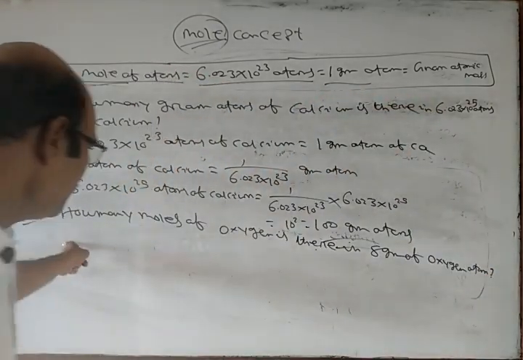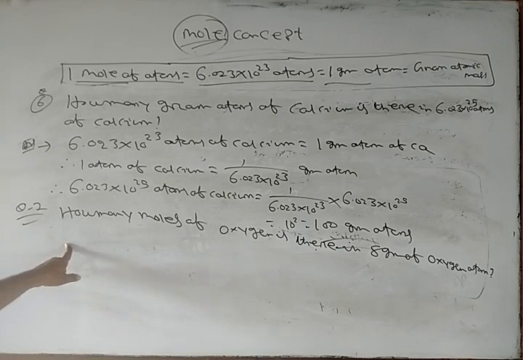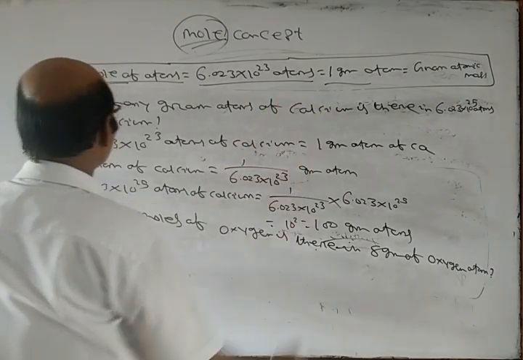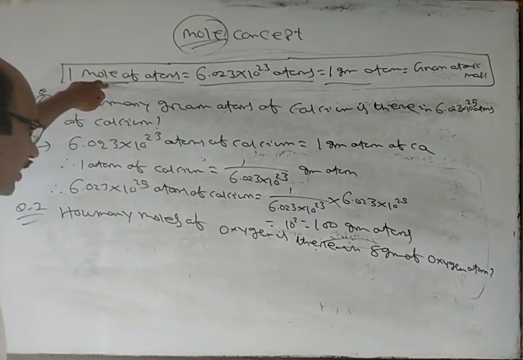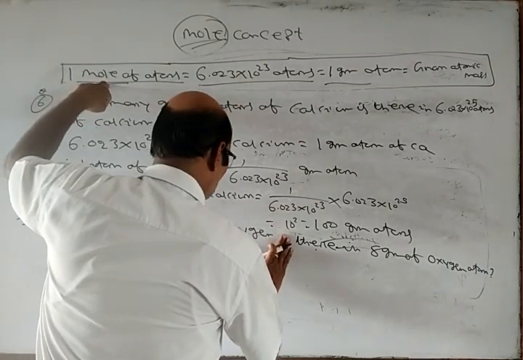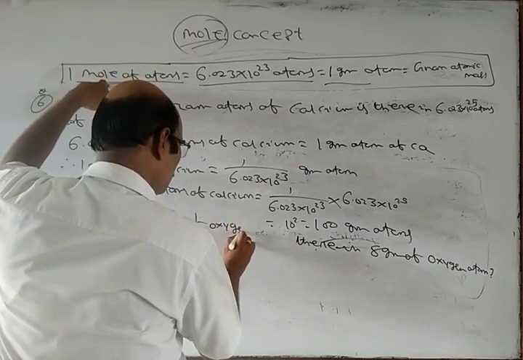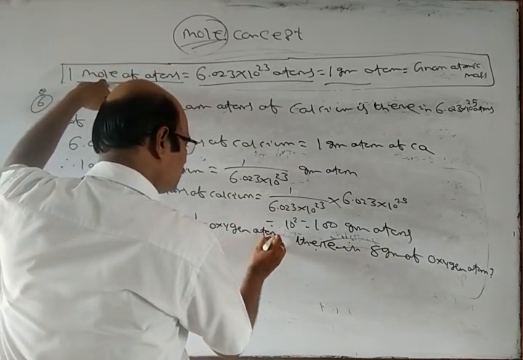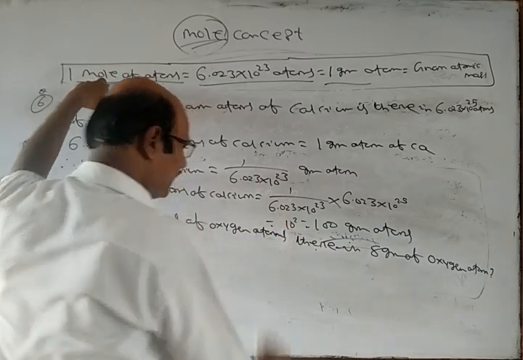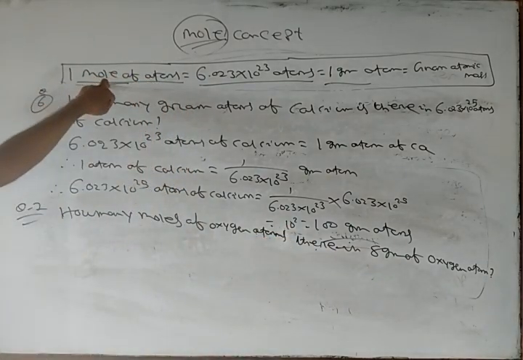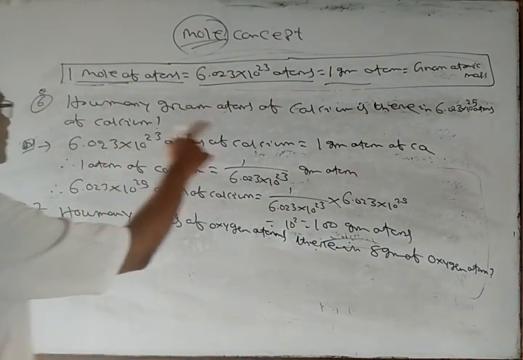See, how many moles of oxygen atoms are there in 8 gram of oxygen atom? See, you know, gram atom mass equals 1 mole of atom.